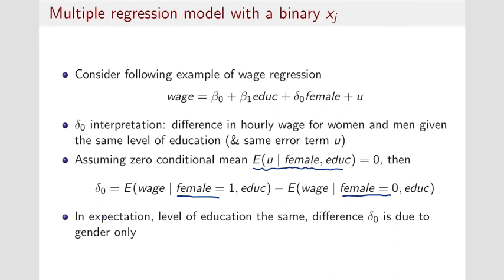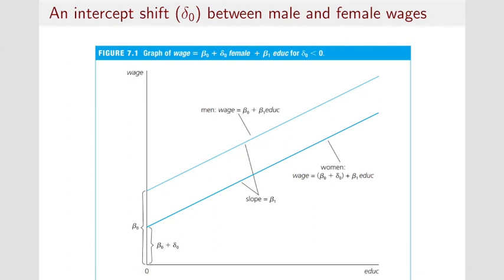One is for the female group and the other one is for the male group, and they have the same level of education. That means, given that females and males have the same level of education, delta 0 is the expected wage difference between female and male. Notice that the parameter delta 0 is also from the population.